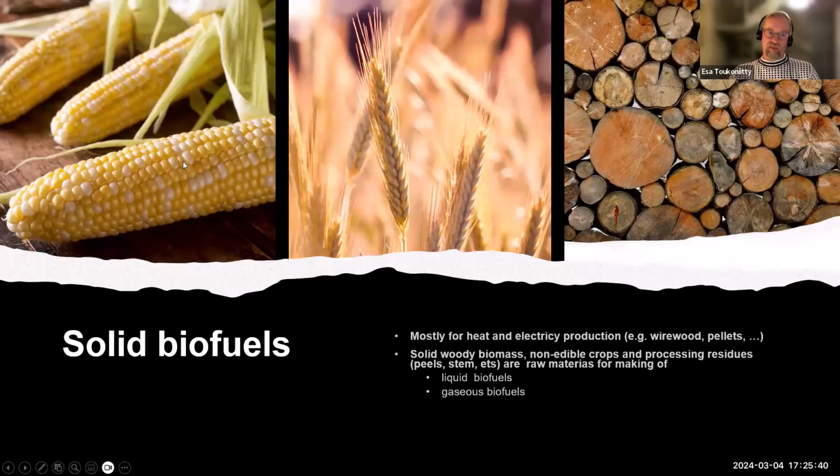And I purposely selected the edible parts here in the picture because these are not the preferred starting materials. You want to use the non-edible parts or the leftovers or residues, typically like peels and stems and some parts of that edible plant that is not typically eaten, used as nutrition for humans.